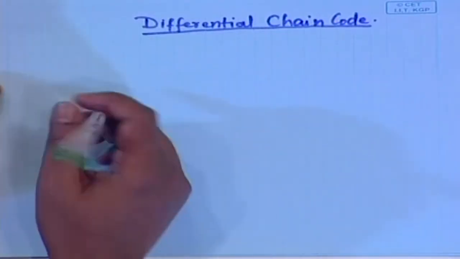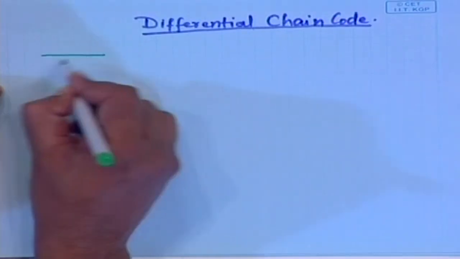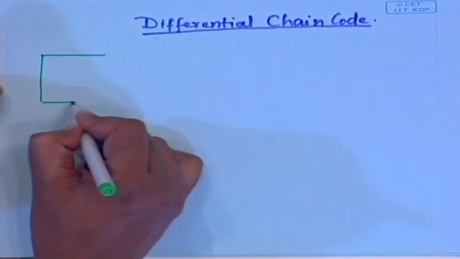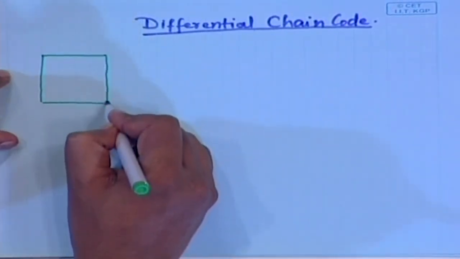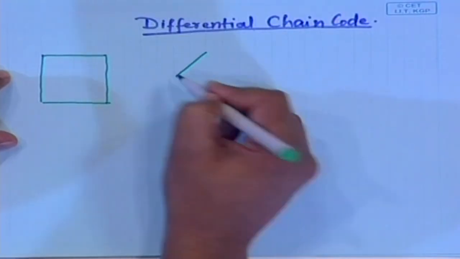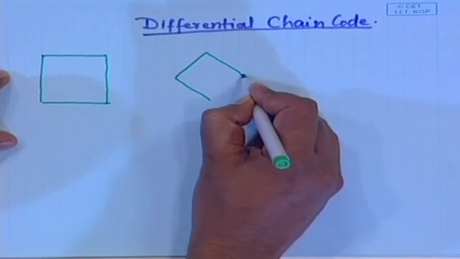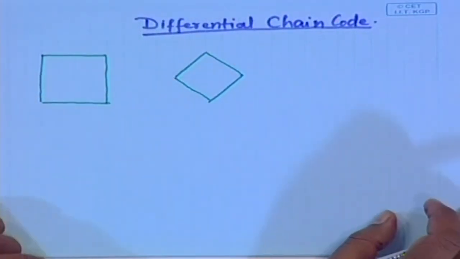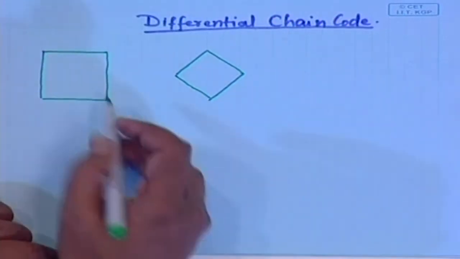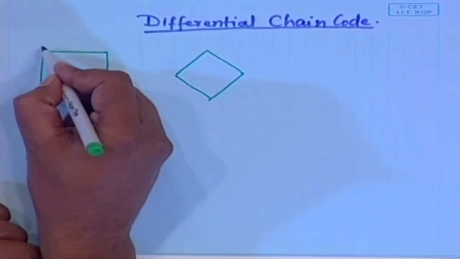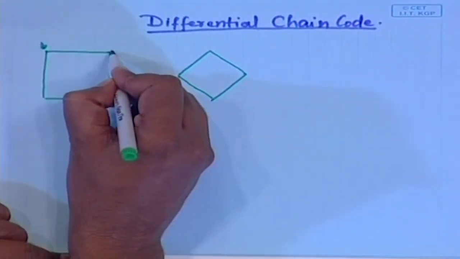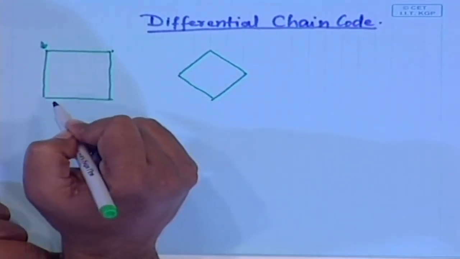So let us start with the same figure. Now over here, when I move from the first point to the second point, I don't give any code to this.